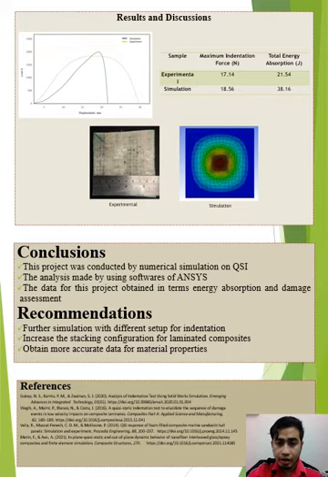The experimental energy absorbed is obtained by calculating the area under the experimental force and displacement curve using the trapezoidal method of integration, whereas the energy absorbed by the FE model is the model total mechanical strain energy. The results from the simulation were expected to be similar to the experimental results.